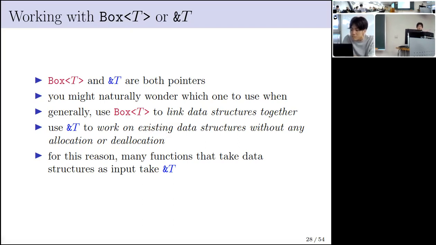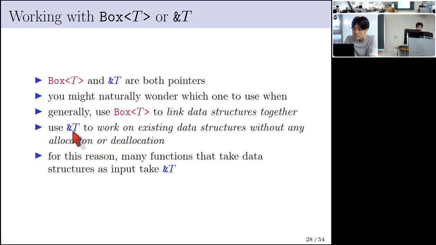When you want to make a huge tree data structure, pointers between nodes are normally made by Box T, unless you have some other data structure that maintains all these Box T pointers.